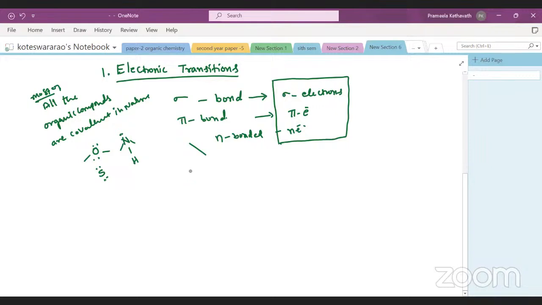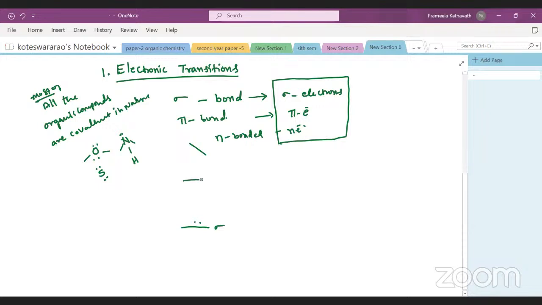Whenever we subject these electrons to thermal or photochemical conditions, or any other conditions, that means we are providing energy, these electrons get excited from their ground level to the next energy level. This is called electronic transitions. Now, these three kinds of electrons undergo the following transitions. First, the sigma electron: suppose two electrons are there in the bond.